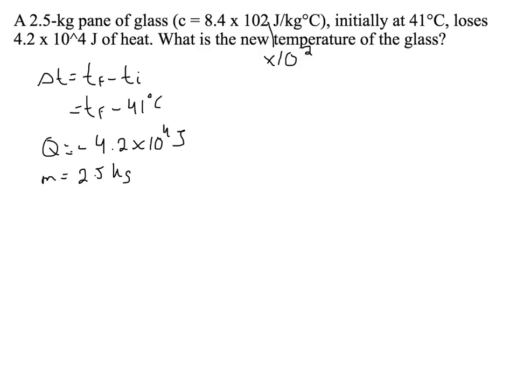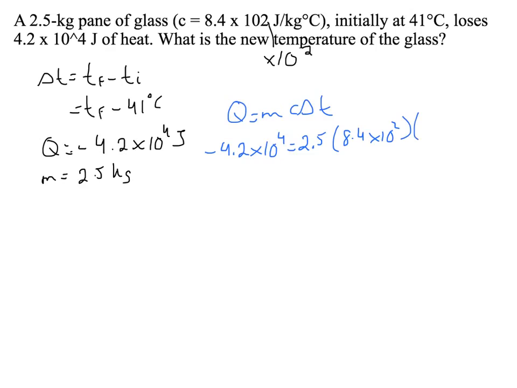So our equation, Q equals mc delta T. Q we know is negative 4.2 times 10 to the 4 equals mass we know is 2.5. C we are told 8.4 times 10 to the 2.